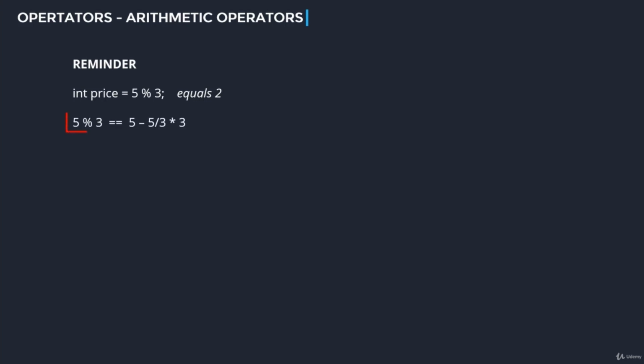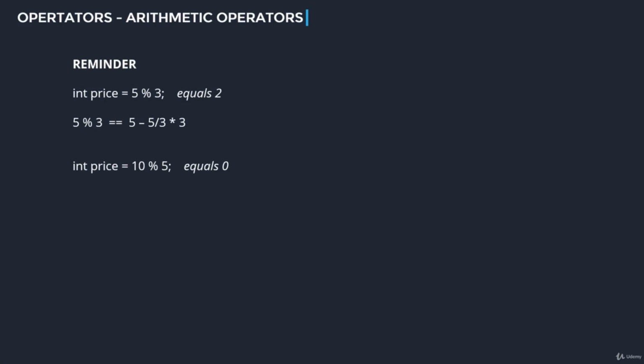What is on the left is equivalent to the right. So what we do here is that we divide 5 by 3 and it will be 1. And then 1 times 3, and finally we subtract that 3 from 5. So, okay, let's see another example. So here 10 % 5.